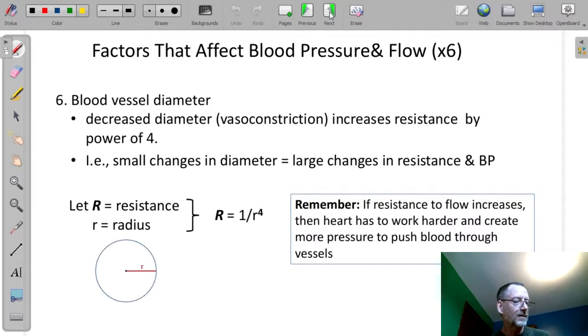Those considerations don't change much on a minute-to-minute basis. You're not adding or subtracting blood vessels minute by minute, nor is your viscosity or the blood volume or the compliance changing that quickly, that rapidly. But the last one does change very rapidly, and this is blood vessel diameter.